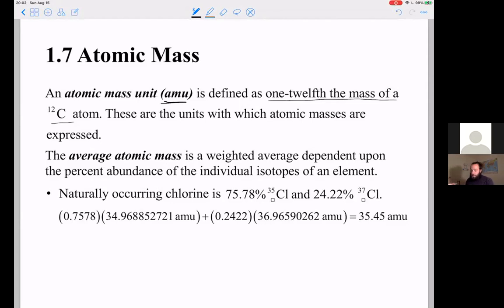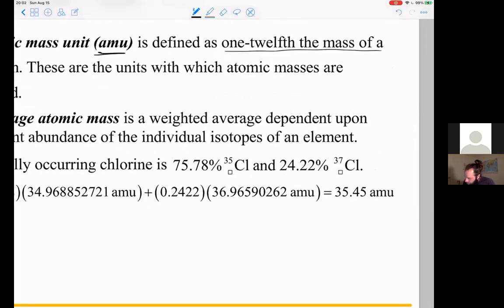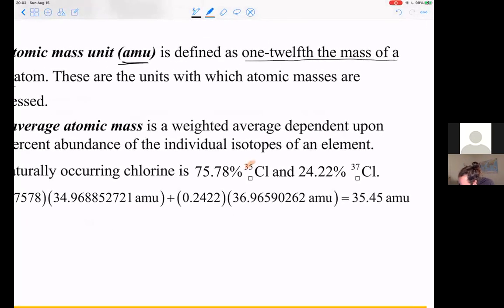All right, now we're getting again to this average atomic mass. And again, the whole point is it's going to be a weighted average, which takes into effect the percent abundance of each isotope. So now we've got another set of isotopes to look at. We've got chlorine 35, and we've got chlorine 37.